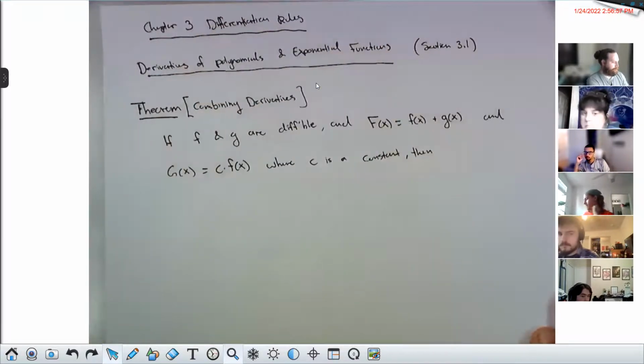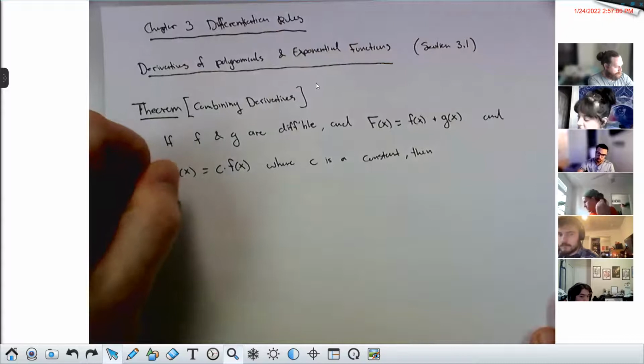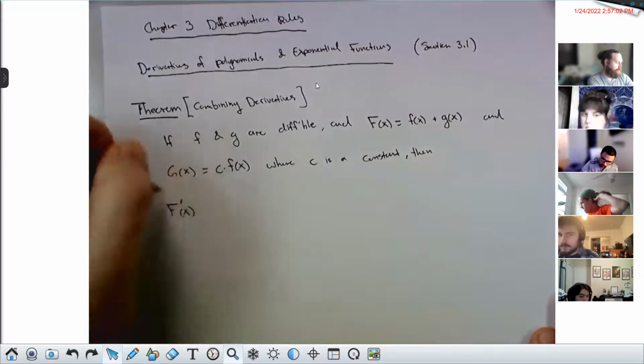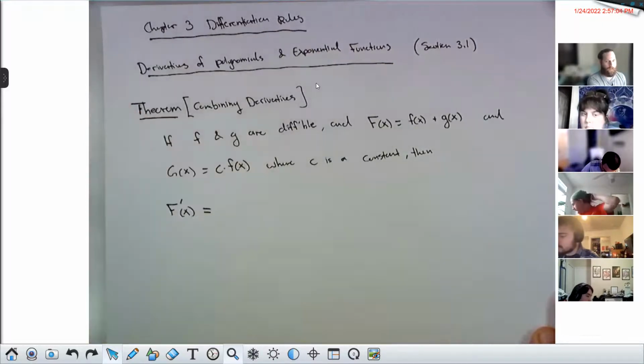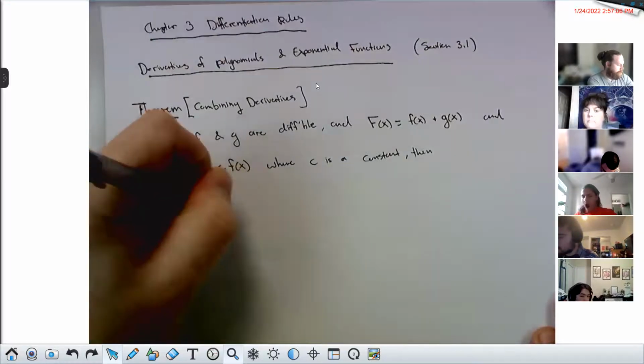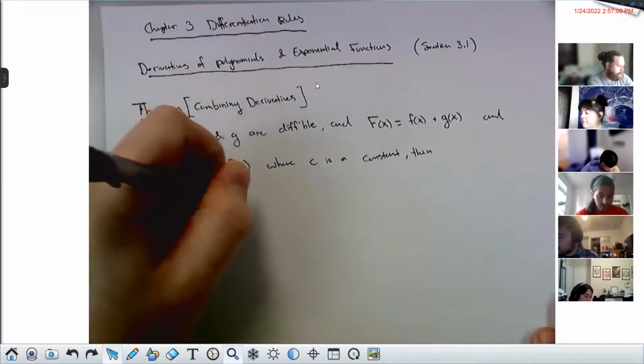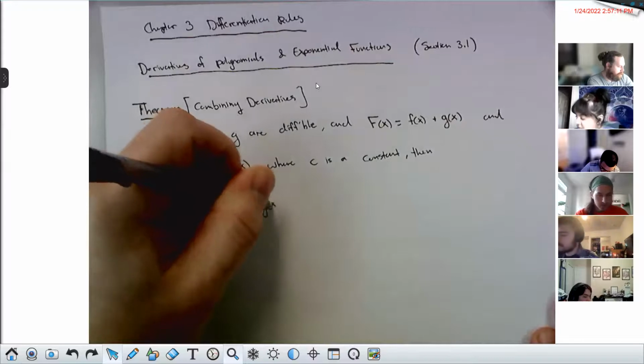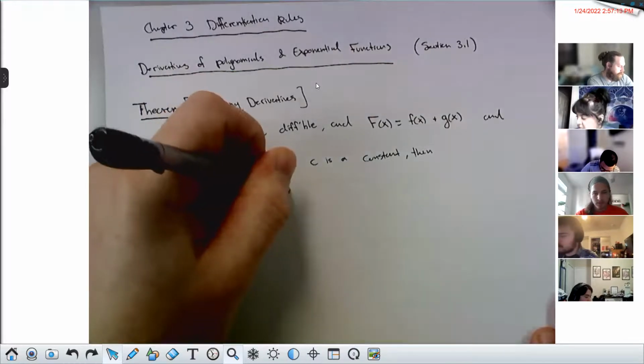Then capital F primed of x, which would be the derivative of little f plus little g, like this, little f plus little g, all primed.